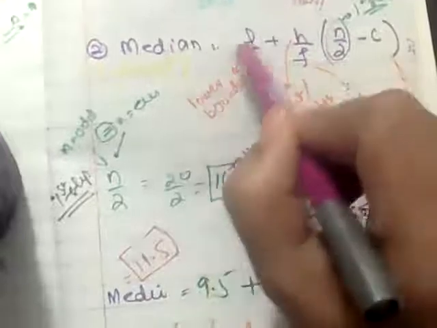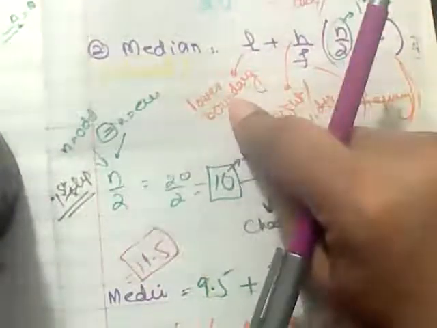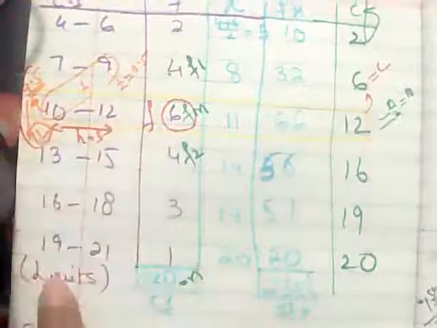Now coming to these things, L, H, F, C. L stands for the lower boundary, the lower boundary of this class. Let's check the boundaries. Do I have boundaries here or limits? They are limits. These are the lower limits and these are the upper limits.